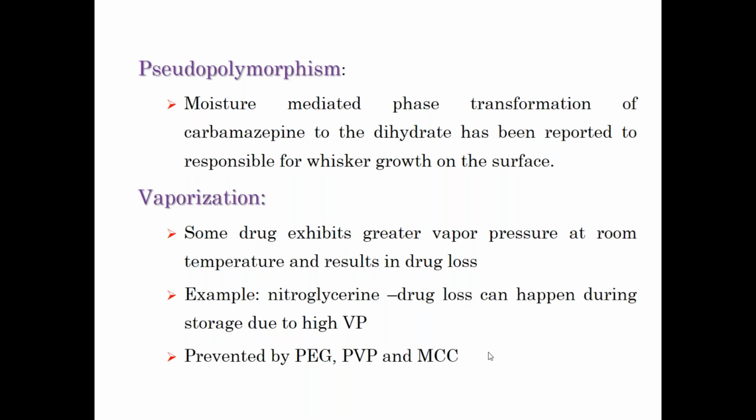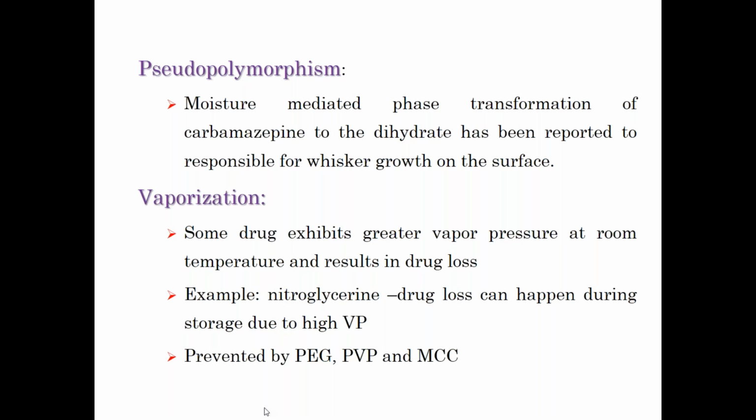The example is nitroglycerin, one of the best examples. So the drug loss is ultimately that degradation in the form of loss of the drug. Chemically it may not be affected, or physically no change is happening, but we are losing that drug. The amount initially used, by the end of the process you may not get the same amount, because of vaporization.